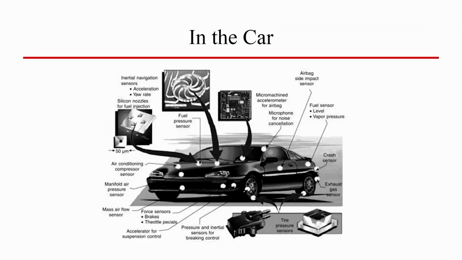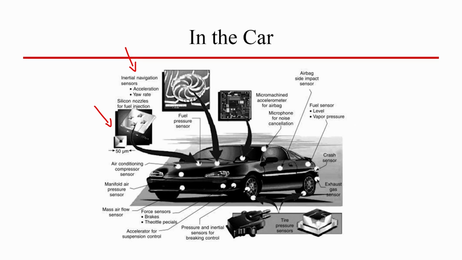If you take an example of an automobile, a car, there are several sensors in your car. If you see the slide, in a given modern car you will have plenty of sensors. We start with a few, and a lot of these sensors we will also see in terms of process flow. We have the initial navigation sensors, an accelerometer, a yaw rate sensor, then a fuel injection system, with nozzles for the fuel injection system.